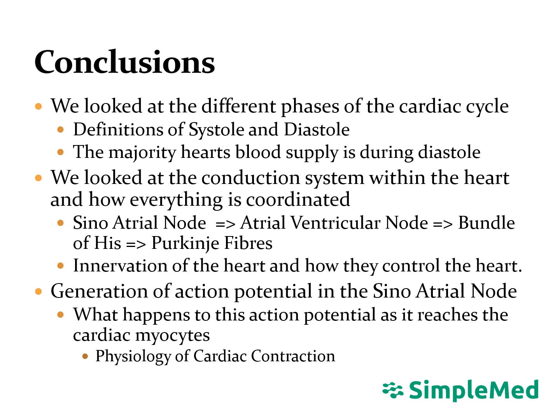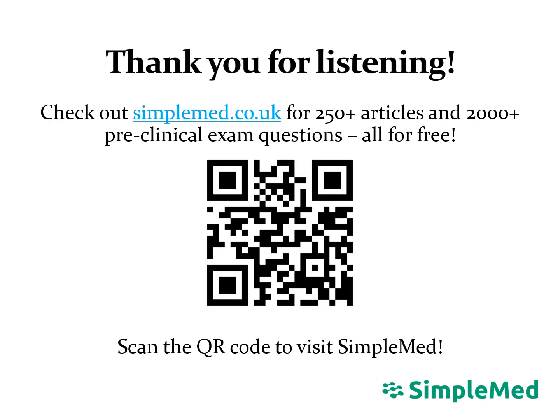We looked at the innervation of the heart and how it controls and affects the heart. We also looked at the generation of action potential in the sinoatrial node and what happens once this action potential reaches the cardiac myocytes and how cardiac contraction occurs. That is the end of the lecture.